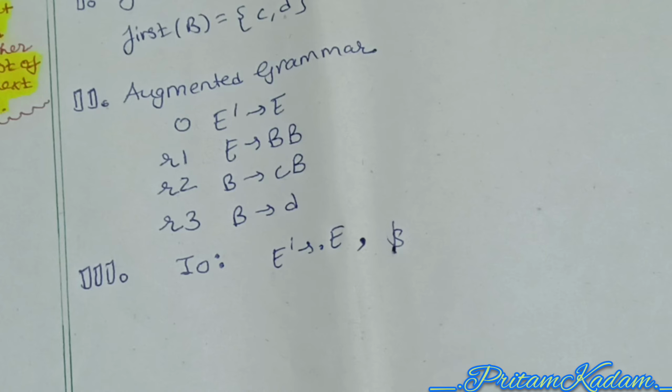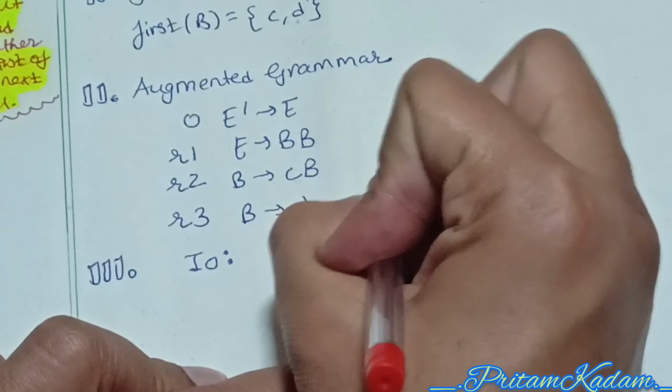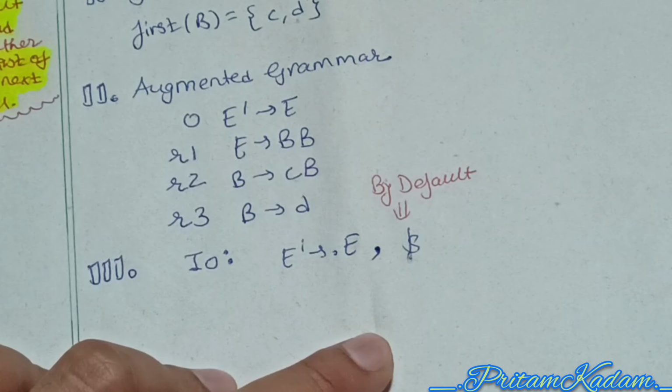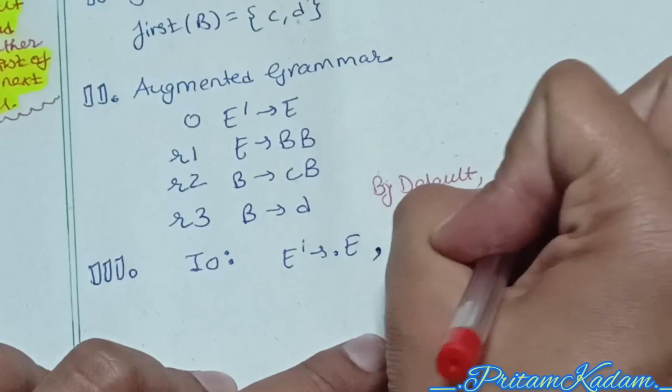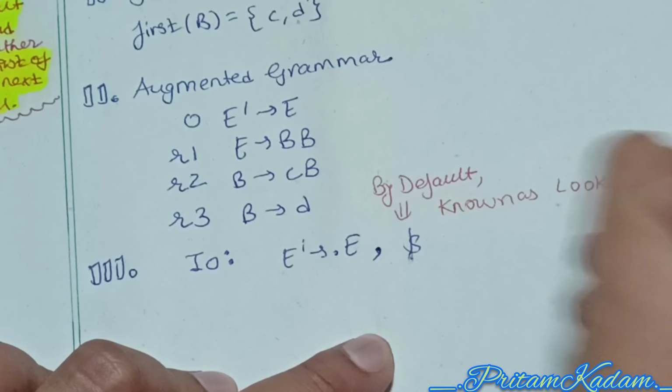So E dash gives dot E, with lookahead dollar. We write it by default. This is known as the lookahead, the thing we write after the comma.